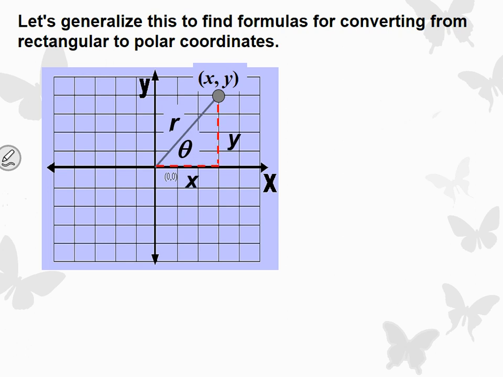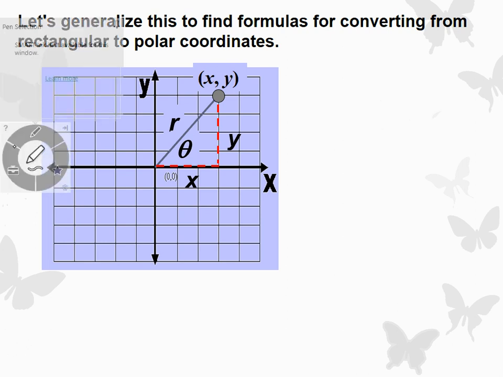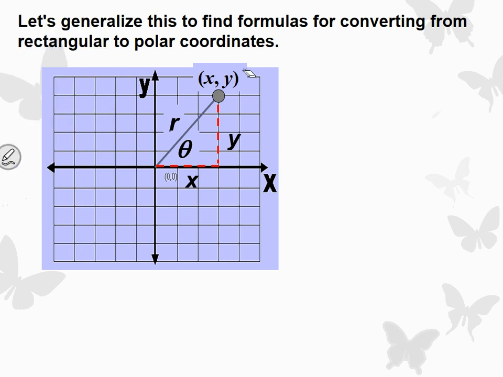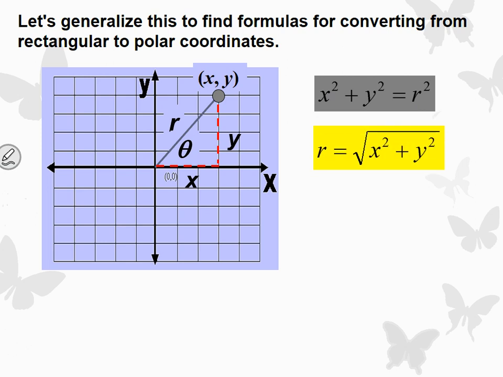Let's use some just generic values for x and y. So here is your generic x and y ordered pair. Okay, if I'm going to mess with that generic ordered pair, we have the argument that x squared plus y squared should equal r squared, right? And then we have r is equal to the square root of x squared plus y squared.